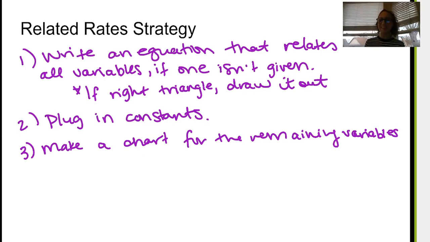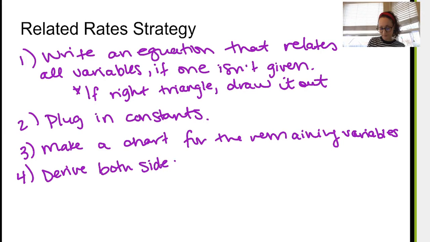And then we are going to go to our equation and derive both sides with respect to time, t, and then we will solve for the derivative that we're interested in. So that is our strategy.